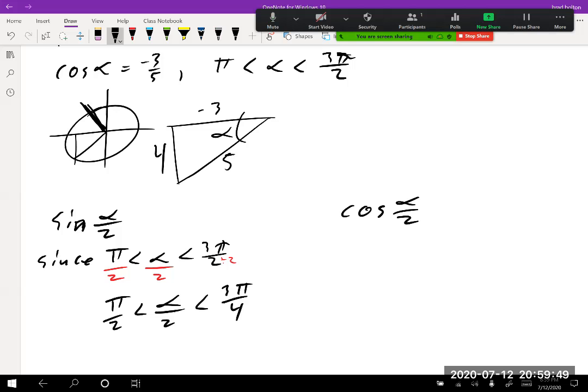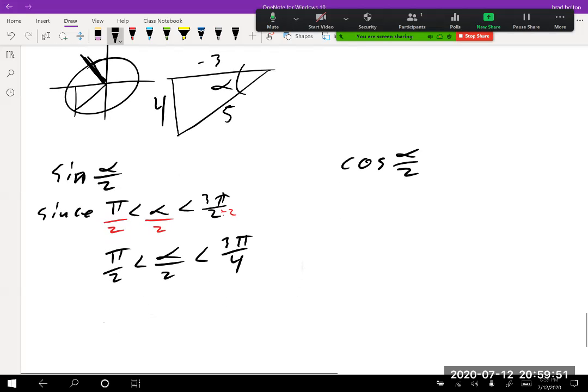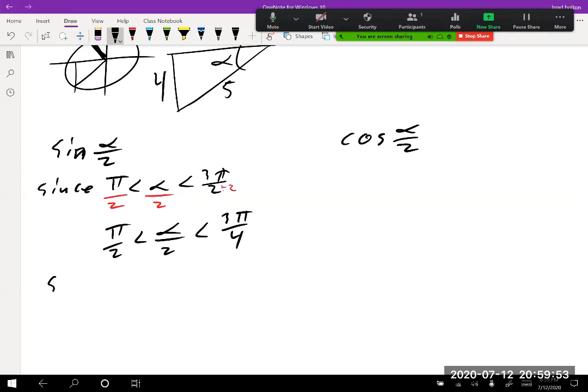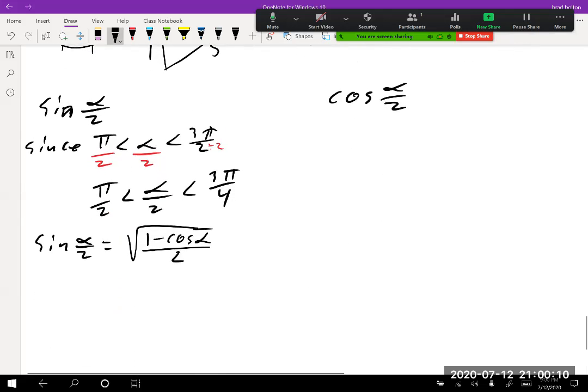Okay, so keeping that in mind, if I want to find sine of alpha over 2, I know that that's the square root of 1 minus the cosine of alpha, divided by 2, right? The thing is I know the cosine of alpha. The cosine of alpha, they told me, was -3 over 5.